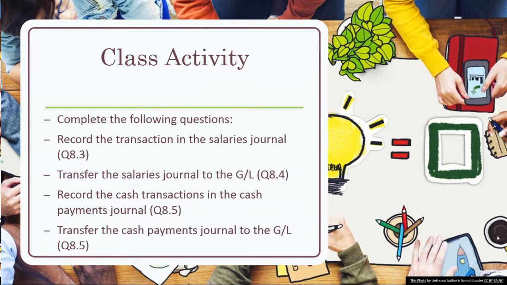Then we're going to record that in our cash book payments journal, which we discussed in Learning Unit 4. Once we've recorded that in the cash book payments journal, we're going to transfer each of those columns back to our general ledger. Once you've done the salaries journal as well as the equivalent payments of those salaries, your liabilities accounts should be zero.